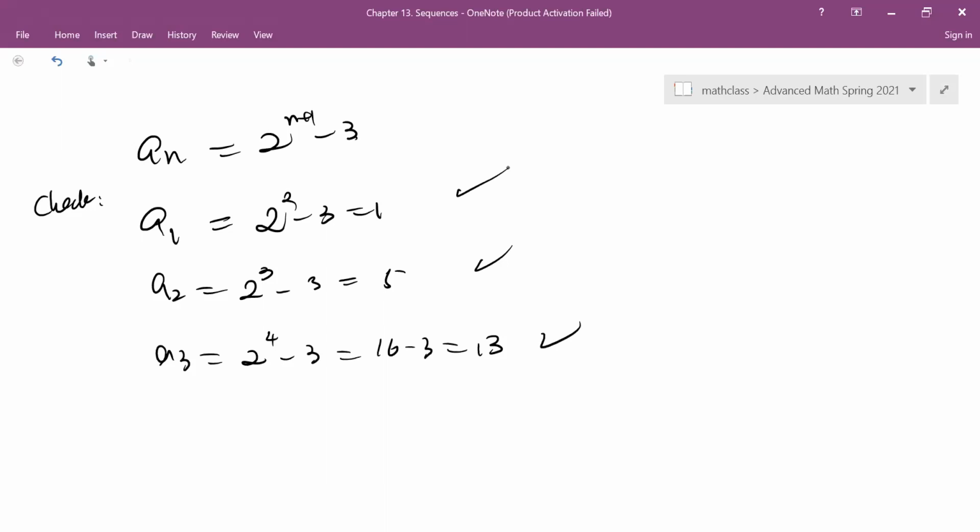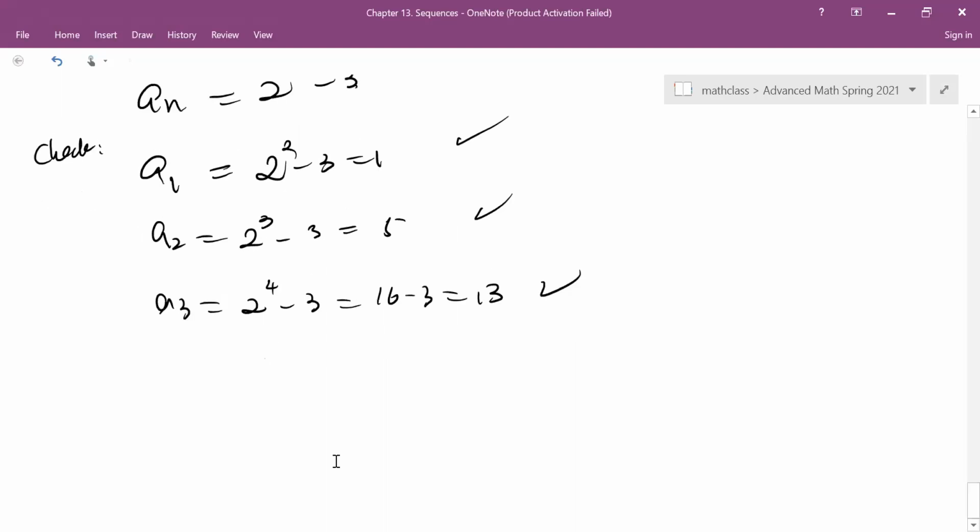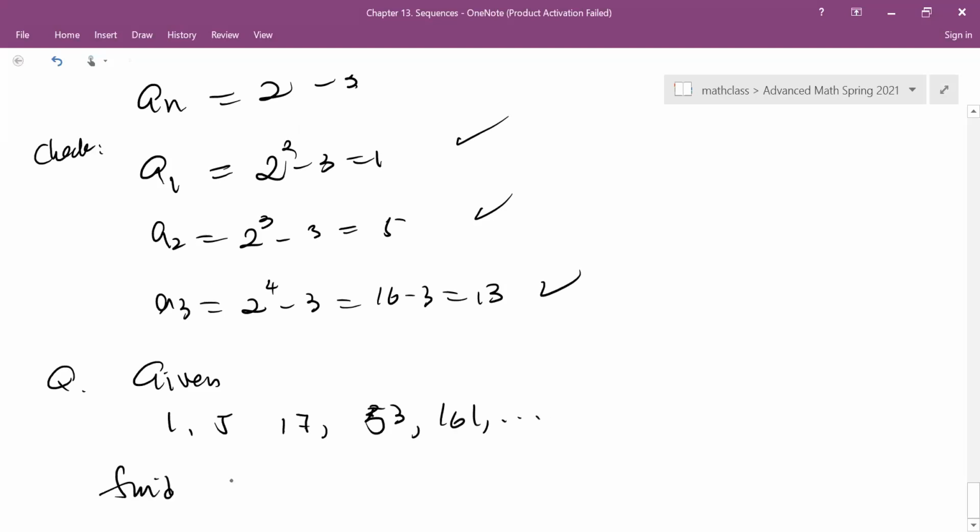Now I'm going to ask you to find the next term and also the nth term. Given 1, 5, 17, 53, 161, find the next term and the nth term.